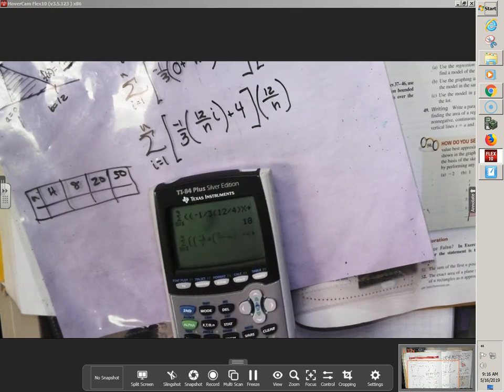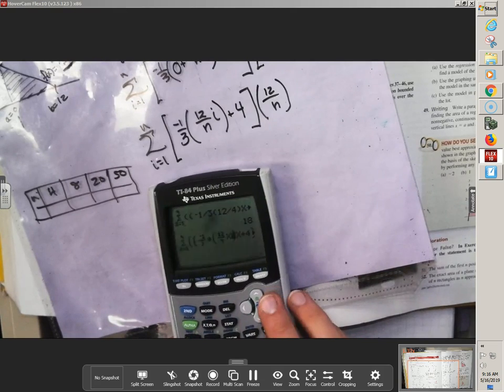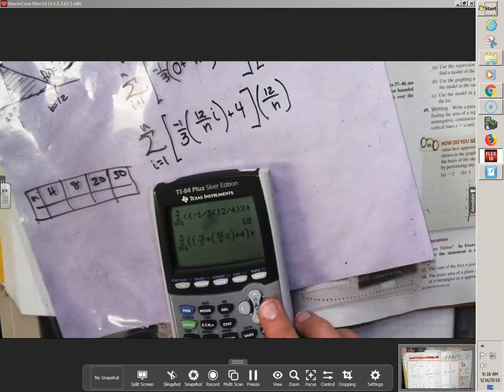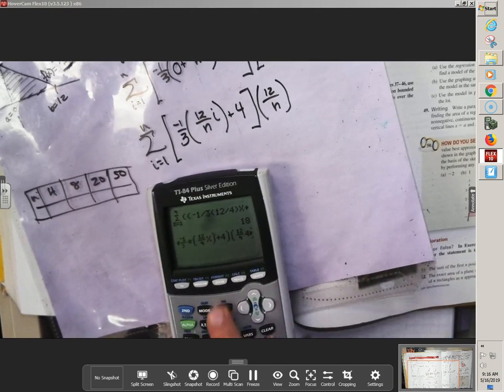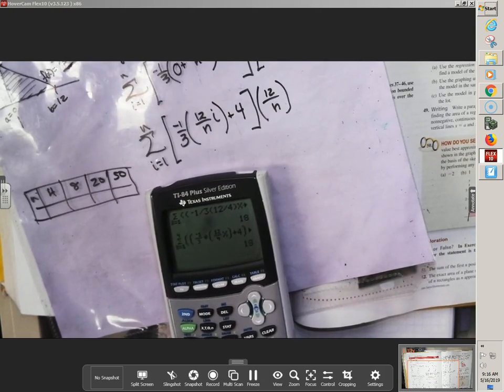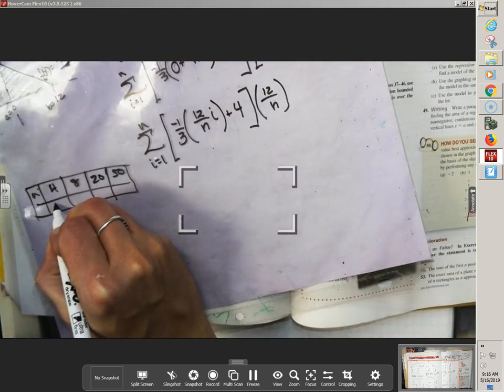You could have done your 12 over 4 times I, if that's a little bit nicer for you, plus 4. And once again, you could have done your nifty little alpha y equals to make it pretty and make it a little easier for your brain to process. This might have made it a little bit easier for you guys to see, but either way, you still end up with 18. So 18 would be the first one.